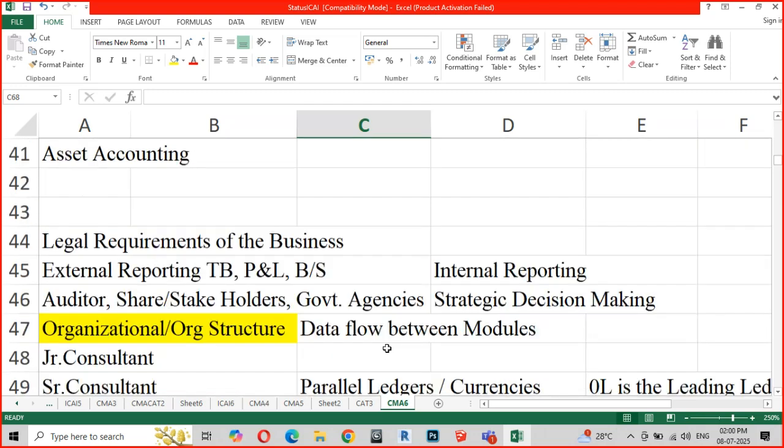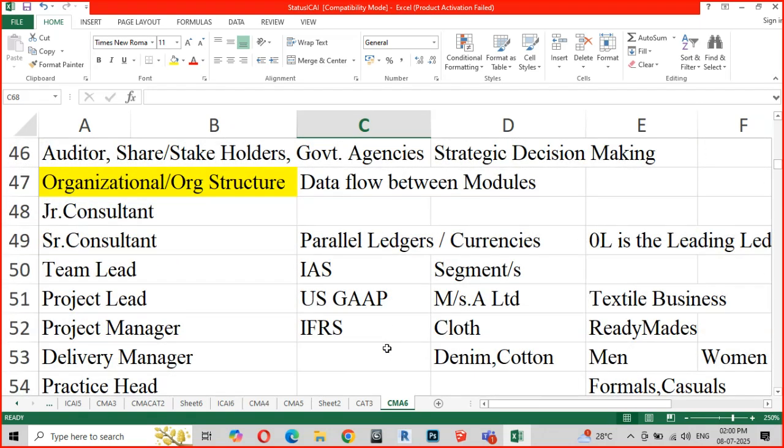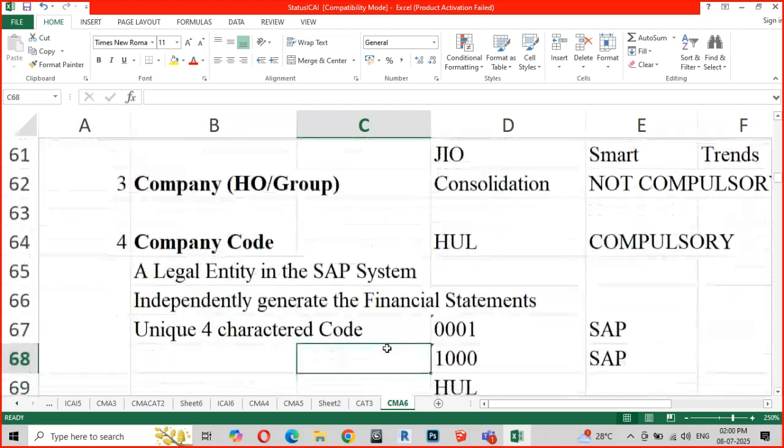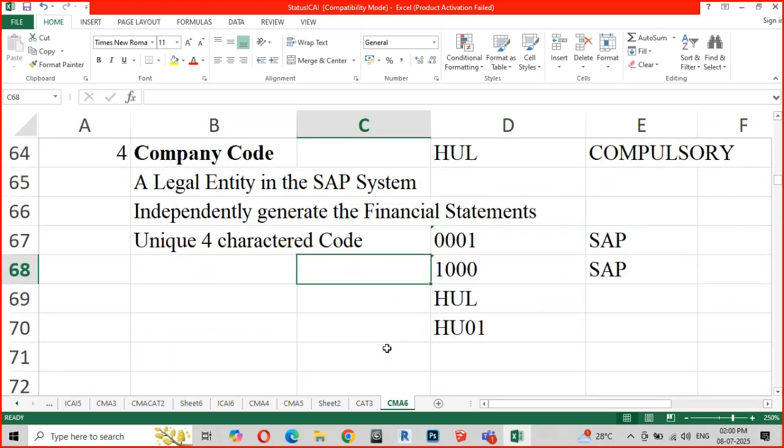Now, why did I redefine this particular organizational structure? Because now we saw the most essential and the most mandatory component which actually starts the financial activities in SAP.